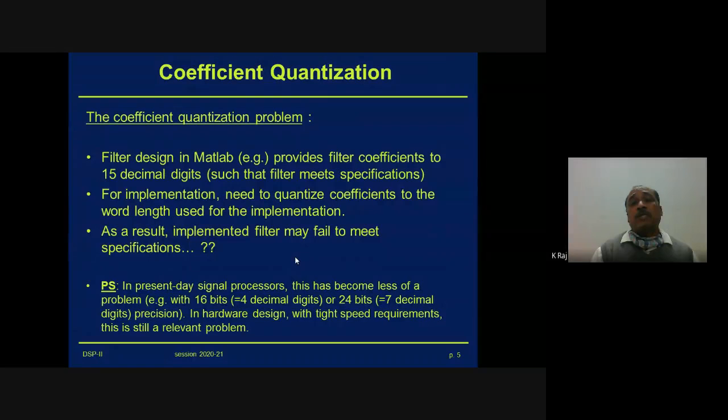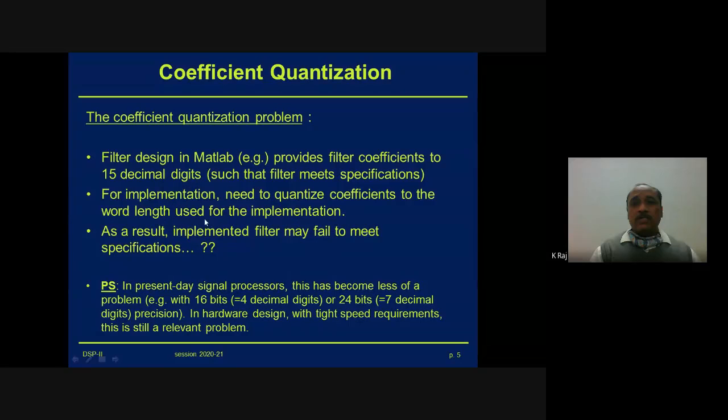After the quantization, there is again a need for analysis of whether the design concept we have assumed is in the permissible range or outside of it. For example, as discussed, MATLAB utilizes 15 decimal digits.